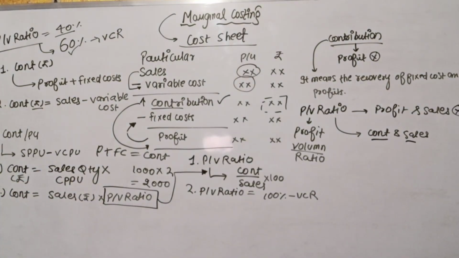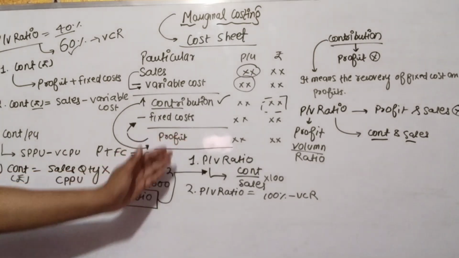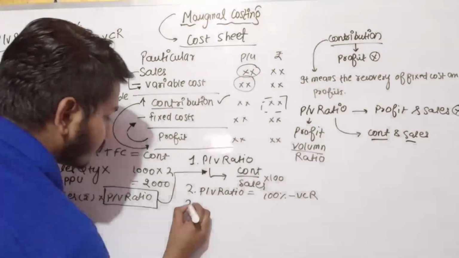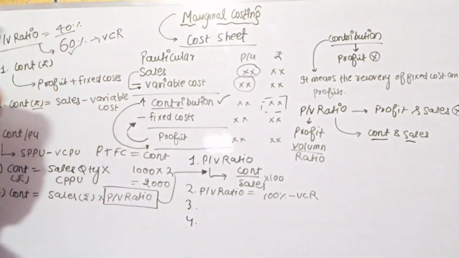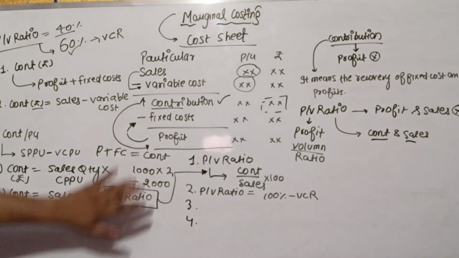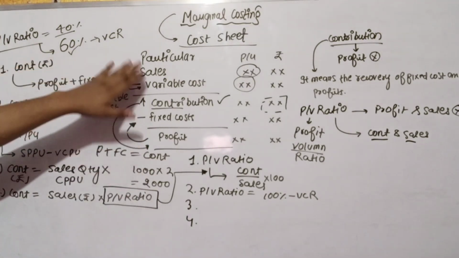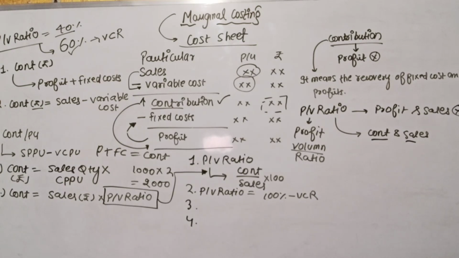Like this we can find PV ratio in 1 and 2 ways. There are also more ways to find PV ratio that are generated from this cost sheet. Make sure you are not mugging up the formulas, but taking them as per the logic that fits into your mind.